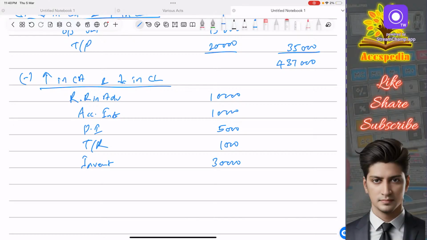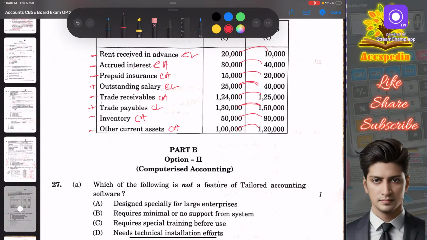Always write the digits properly, align the digits properly while writing, so it will be easy while adding and you won't make mistakes. Then other current asset 20,000.